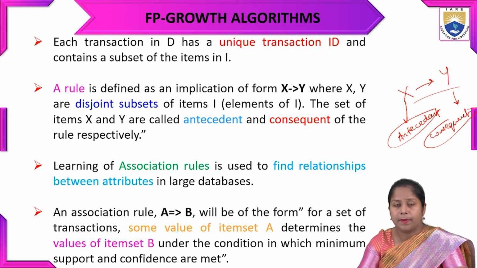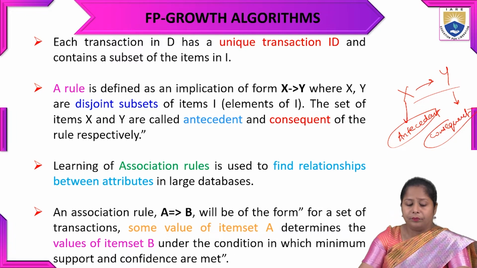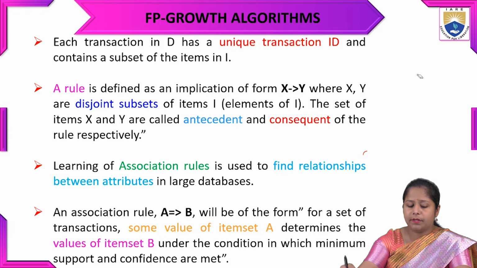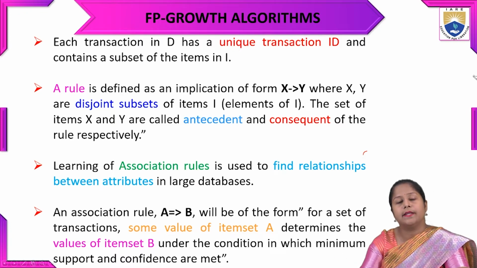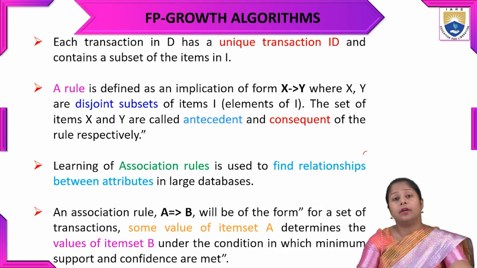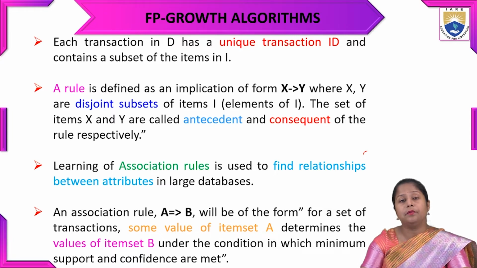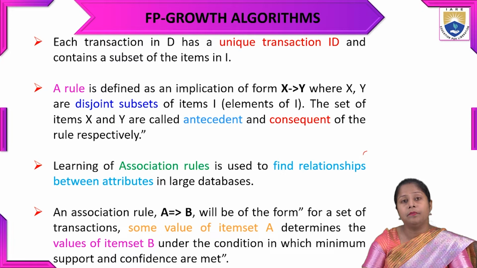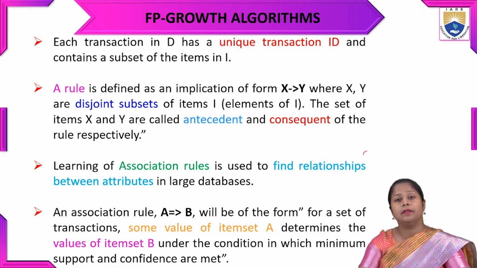Now, the learning of association rules is used to find the relationships between attributes in a larger database. For a large data set, we should not have to check the whole database. If some rules are written out, we can easily understand that particular database.